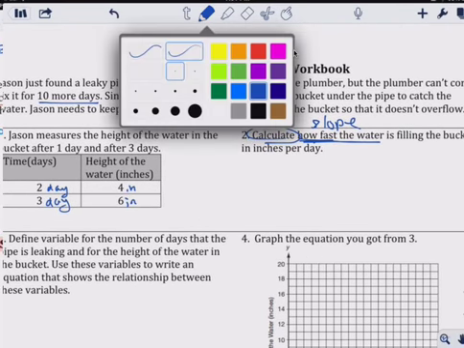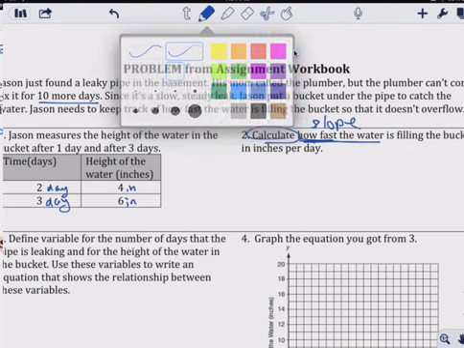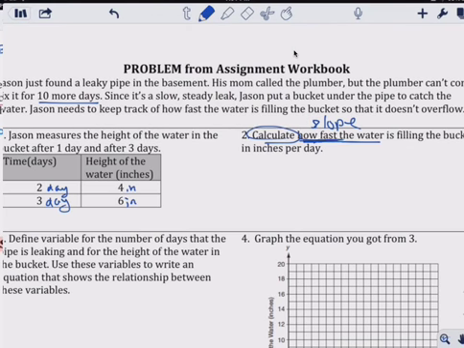So to do that, we find the rate of change. Slope is the rate of change, how fast. So basically 2 days, 4 inches, and 3 days, 6 inches. We take the inches first. The inches is your y. And that's your rate of change on top.